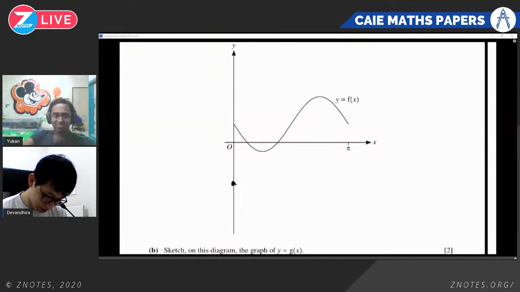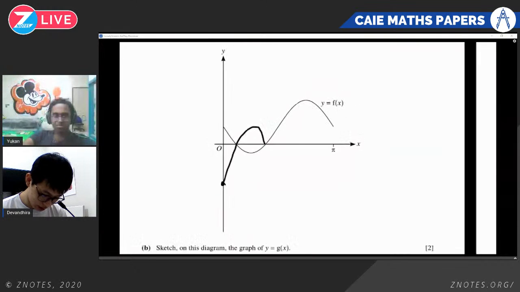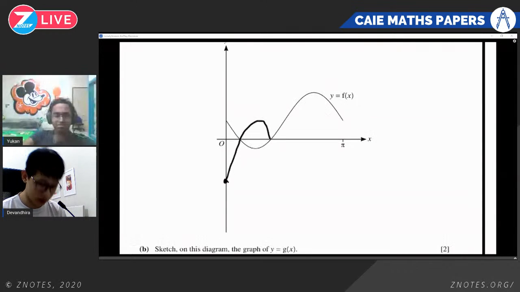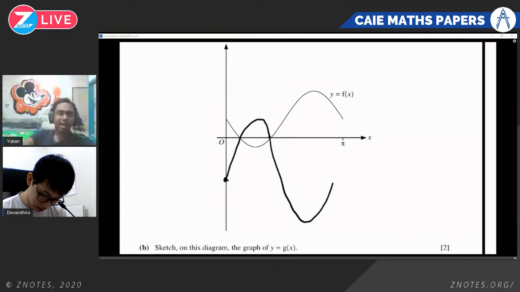Therefore, let me try to draw it. It should start from here, maybe about there. It should pass the zeros. I'm sorry, I'm really bad at drawing. And this one will also get scaled, but downwards. To have a more accurate drawing, it should pass double the x coordinate of f(x).